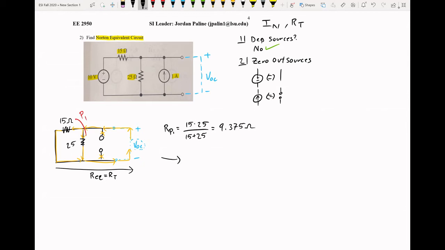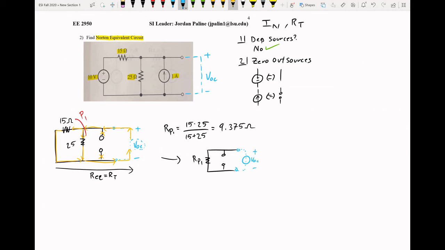If we were to redraw that over here, R parallel 1, VOC plus and minus.